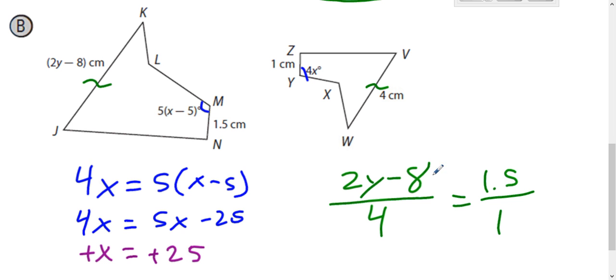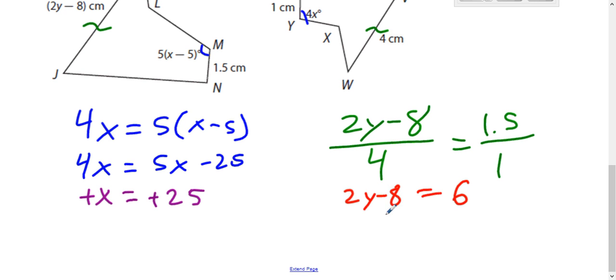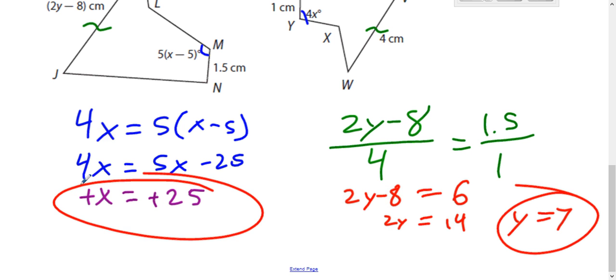So we can cross multiply, so 1 times 2y minus 8 equals 4 times 1.5, which is 6. Add the 8, you get 14 equals 2y, so y equals 7. X equals 25, y equals 7.